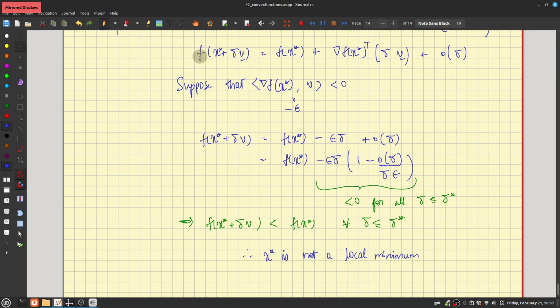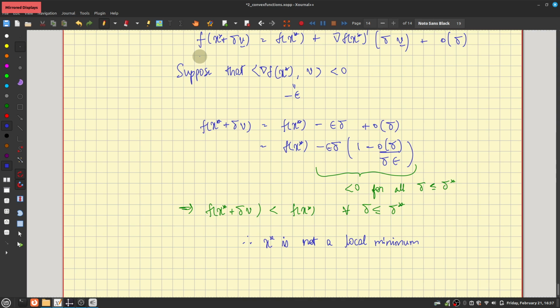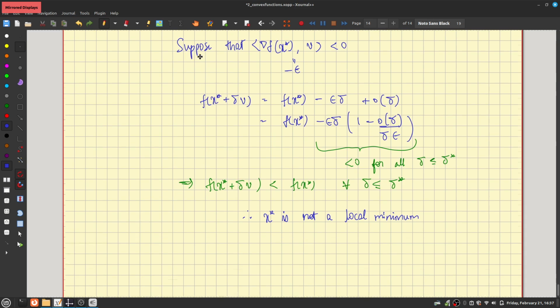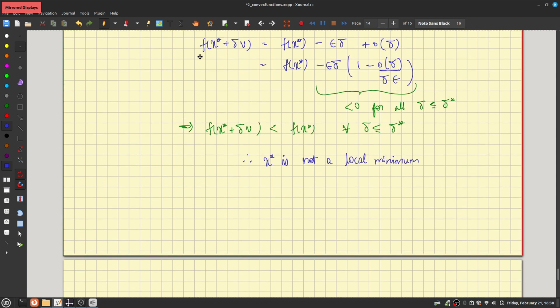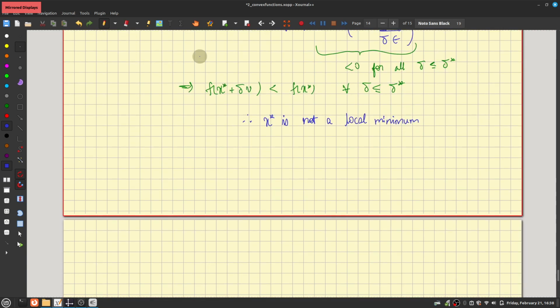Right? So now suppose that x star is an interior point.